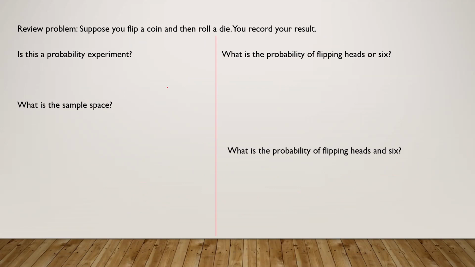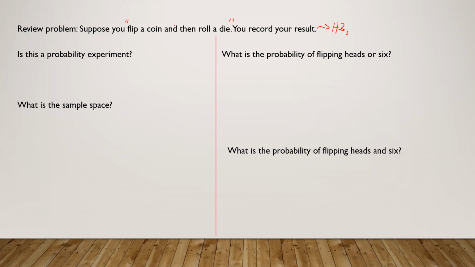Suppose you flip a coin and then roll a die. You're going to do these 2 things in a row, all right? You're going to flip a coin, and then right after you get the result for the coin, you're going to roll a die. So you're going to record your results, okay? The way I'm going to write my results is, could I flip heads and then roll a 3? Is that one possible outcome? Flip heads, then roll a 3?